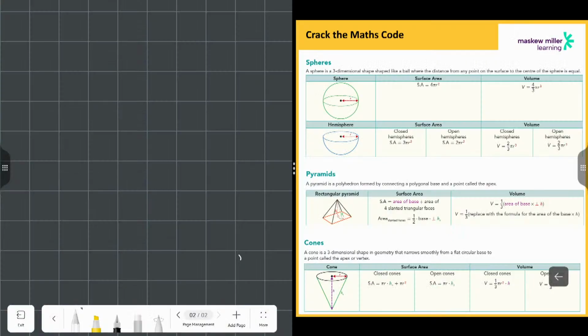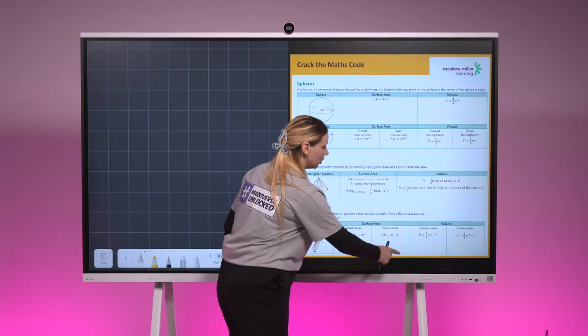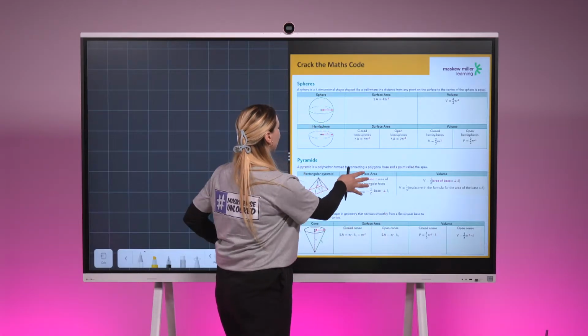So this is really great. We're going to use this back and forth for our next few questions, because this resource over here, there's quite a few formulas, is going to help us a lot. They even, just to note, they even show you what the formula is if we have a closed cone and an open cone, which is pretty good.